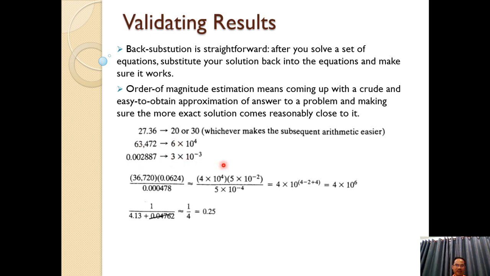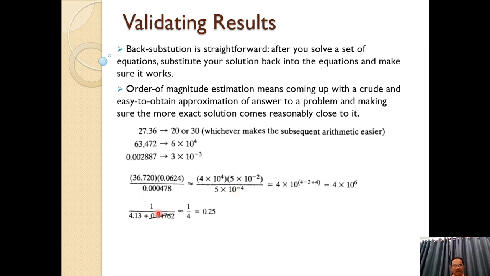And for this one you can also approximate: approximately 4 multiplied by 10 power 4, this one approximately 5 multiplied by 10 power minus 2, and this one approximately 5 multiplied by 10 power minus 4. Then you get 4 multiplied by 10 power 4 minus 2 plus 4, and you get this value.